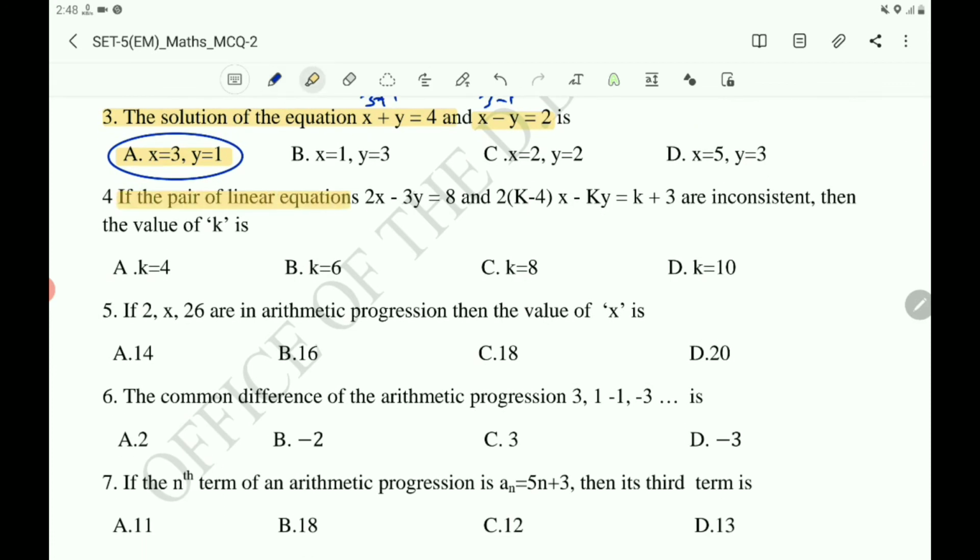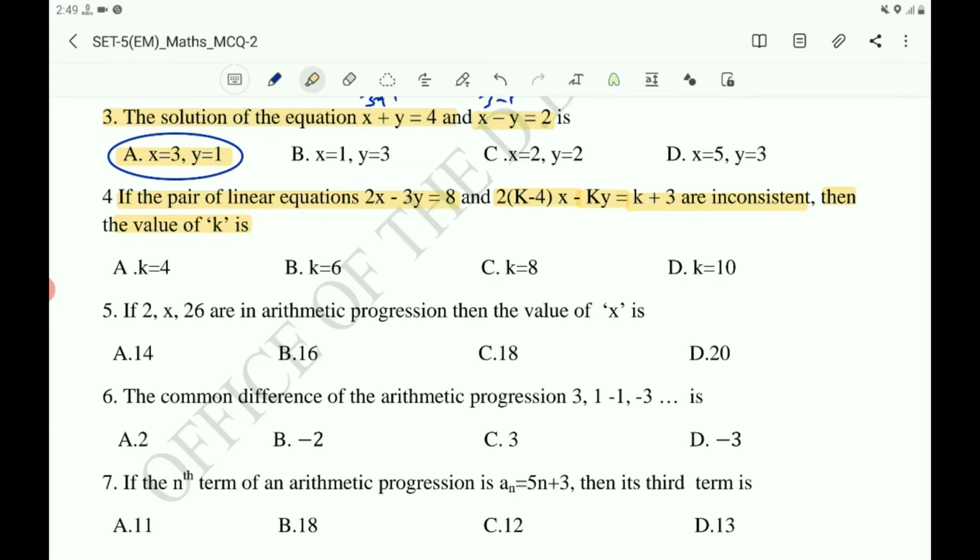If the pair of linear equations 2x minus 3y equals 8 and 2 into (k minus 4) into x minus ky equals k plus 3 are inconsistent, then the value of k is. Here the pair of linear equations are inconsistent.